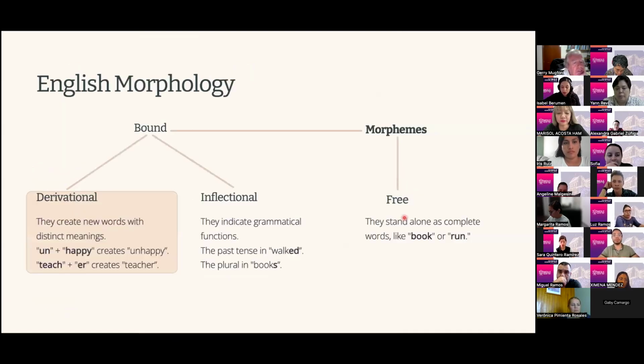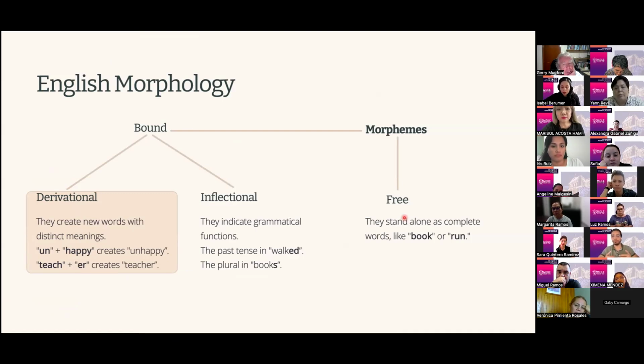Moving on, I'm going to talk a little bit about English morphology, which is morphemes, which are the smallest units of a language. And they're divided in 2, which is free. Free morphemes, they stand by themselves. That means they have a meaning by themselves. On the other hand, we have bound morphemes, which don't.